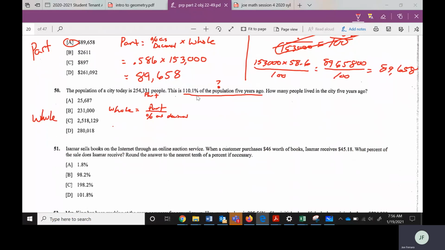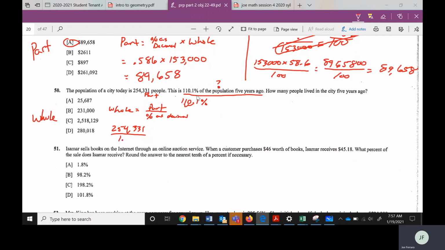So we take this and divide it by the percent as a decimal. Now again, be careful here. If we have 110.1%, you move it to the left twice. So 1, 2.